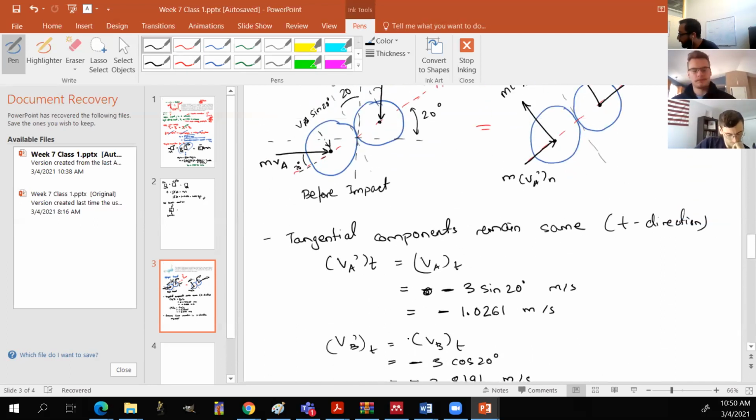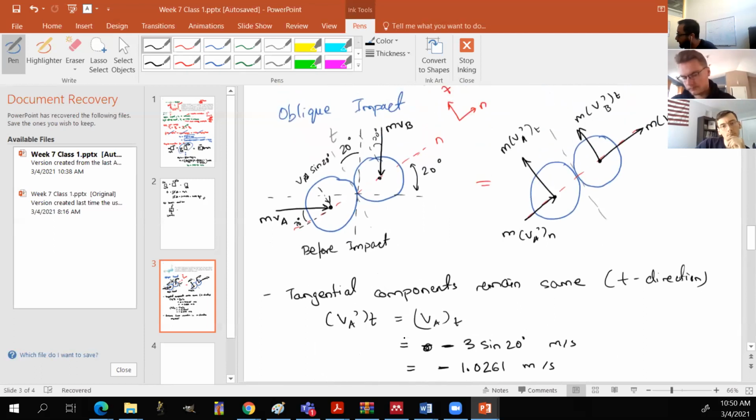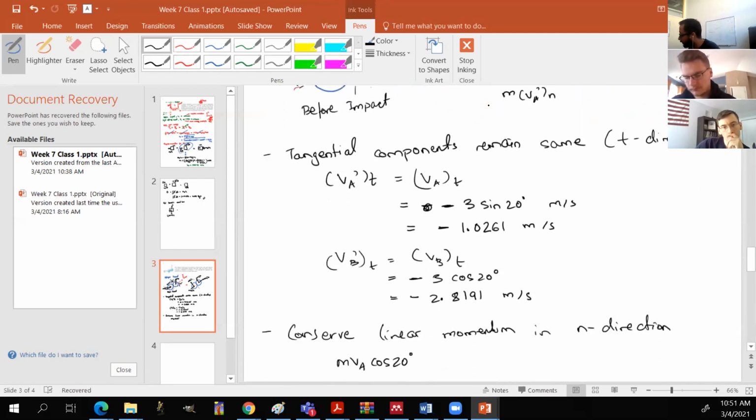And here for VB, it's going to be sine 20, but it's in the negative direction. This is where your signs are coming into the picture. That's why I was hesitant to write the expression out. You have minus m times VB times sine 20, like that, and this is equal to m times whatever your normal components of your velocity are. So m VA prime n plus m VB prime n.